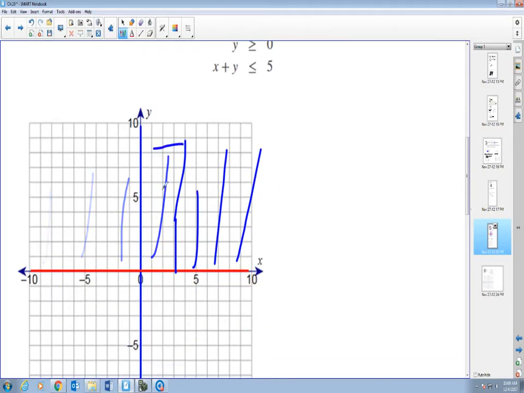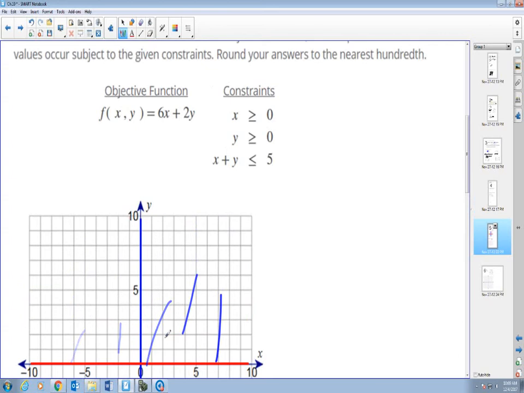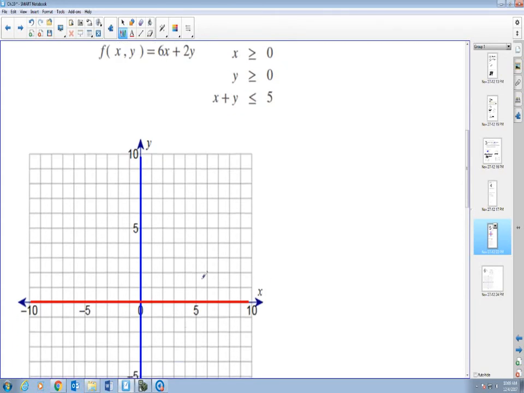So the part that overlaps, to the right and above the two lines, is this region right here in the first quadrant. So far my feasible region, the region of points that satisfy the first two constraints, is in the first quadrant, to the right of the y-axis and above the x-axis.